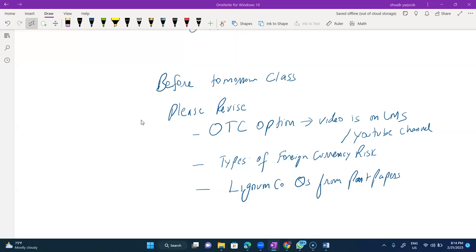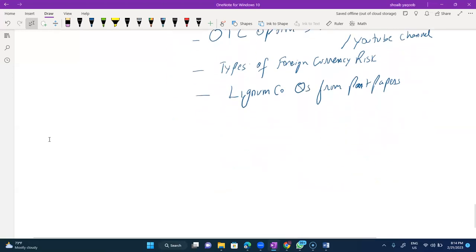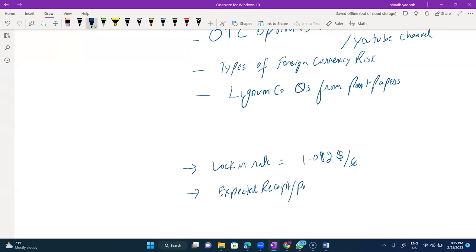Okay. If there was no over and under hedging, what will be the next step after calculating the loss? So it's very easy. Look, I think the fifth step is the lock-in rate. For example, the lock-in rate is 1.082 dollar over euro. The last step will be either the expected receipt or the expected payment.